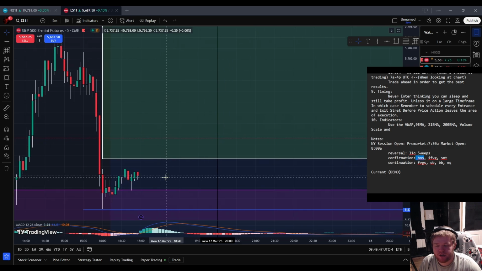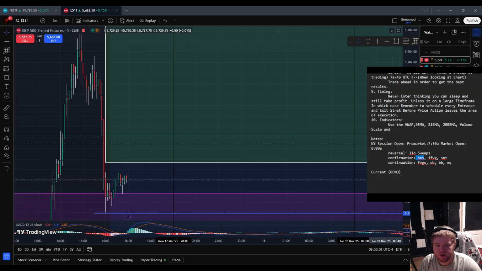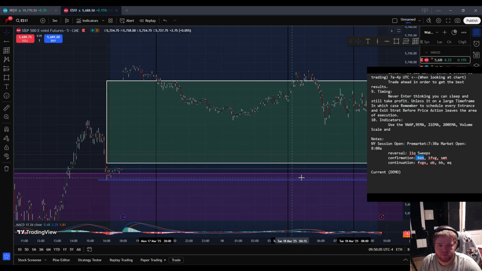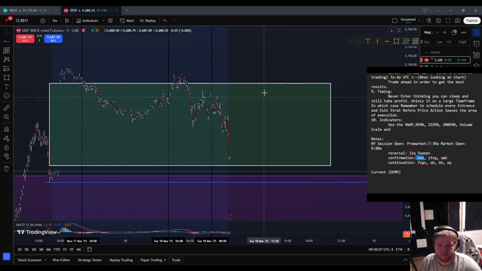I think what's going to happen is price is going to shoot down into this. It's going to sweep this liquidity right here. The candle's going to close roughly in this. It'll consolidate for a second, and then it'll rip really high up.